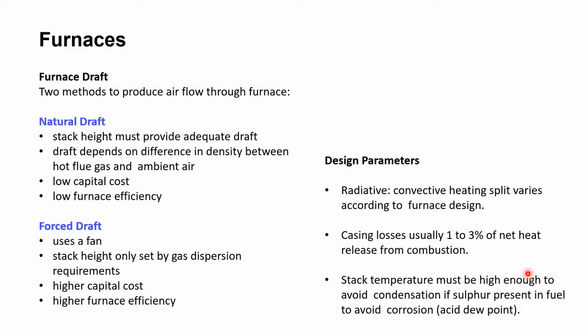The sulfur will be burned and become hydrogen sulfide, and hydrogen sulfide can condense at low temperature, around 100 to 150. When it's condensed, the gas is quite corrosive, so it might damage the furnace.